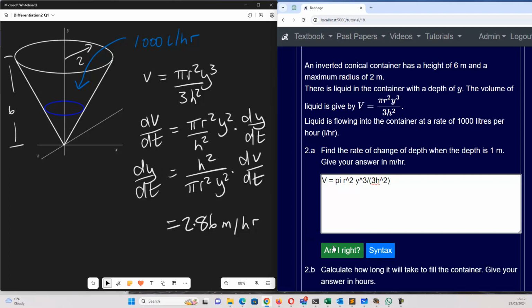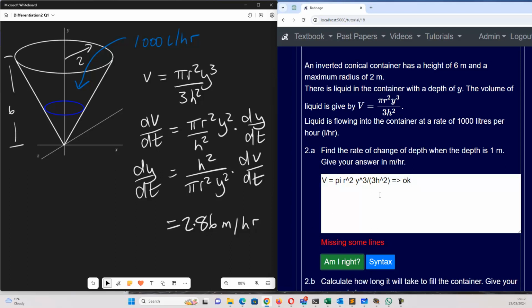And are we right so far? Yep. So dV by dt is equal to pi r squared y squared divided by h squared times dy by dt. And is that correct?